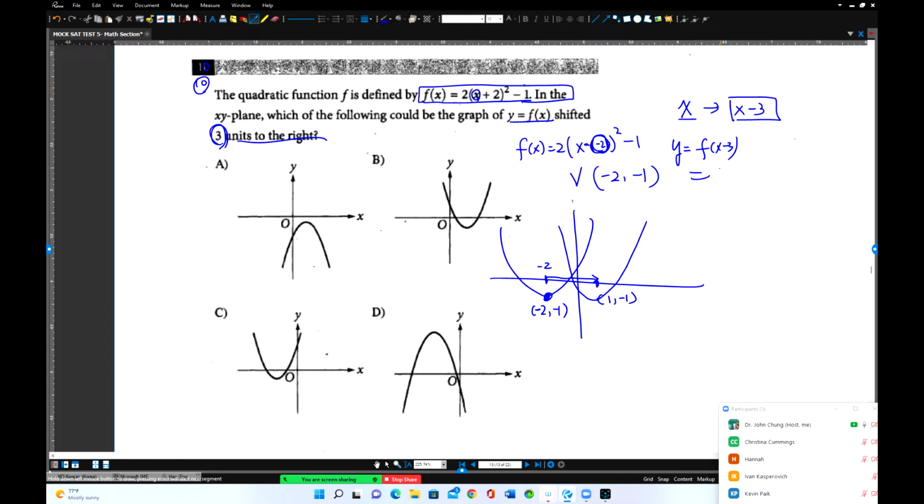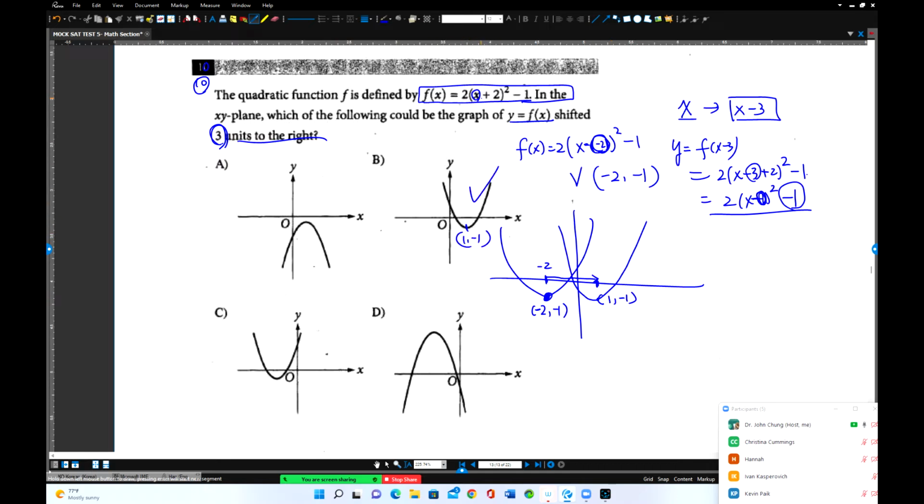Instead of x, x minus 3: (x minus 3 plus 2) squared minus 1, right? So this is (x minus 1) squared minus 1, right? From here you can find the vertex form too. Where is the vertex? It is the opposite of the sign, okay? 1 and negative 1. This one is 1 and negative 1.